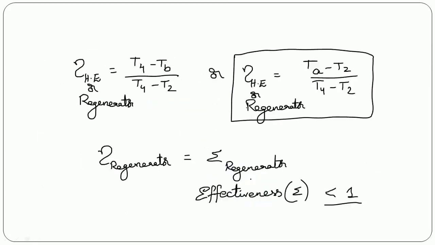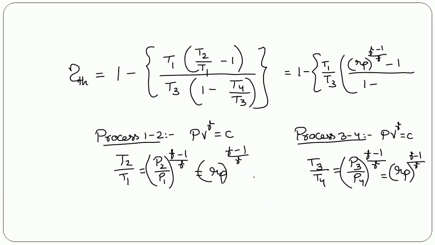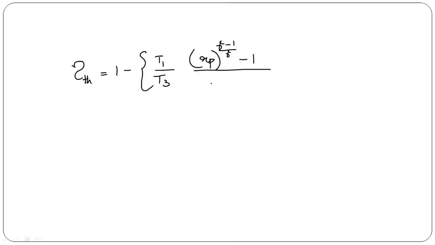Now by using this particular case, we can write this as 1 minus 1 by Rp to the power (gamma minus 1) by gamma. So this is how we have written. Observe this carefully. The thermal efficiency can be written as 1 minus minimum temperature by maximum temperature, into Rp to the power (gamma minus 1) by gamma minus 1, divided by, if we take the LCM, Rp to the power (gamma minus 1) by gamma minus 1, by Rp to the power (gamma minus 1) by gamma.